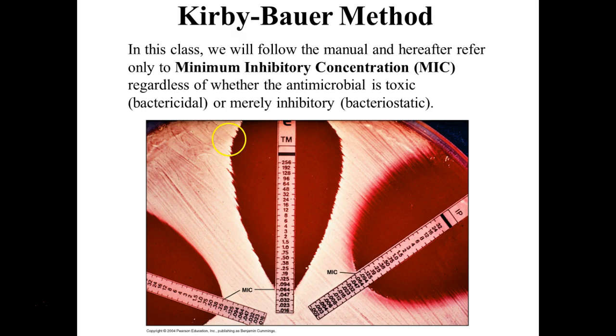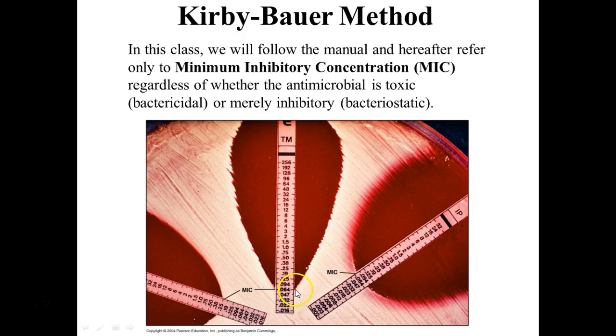So for that, this particular test is called the E-test, the letter E test. And instead of just single discs with a set concentration, these are strips that have a graduated concentration on them. So you'll notice that as the concentration decreases, you're going to get to a point where it no longer inhibits the growth of the bacteria.